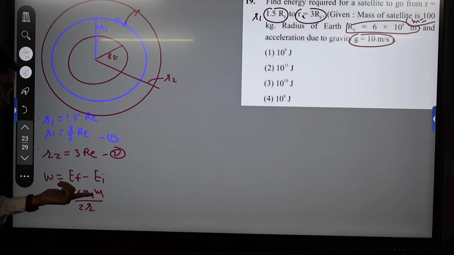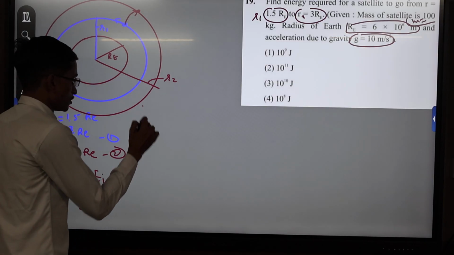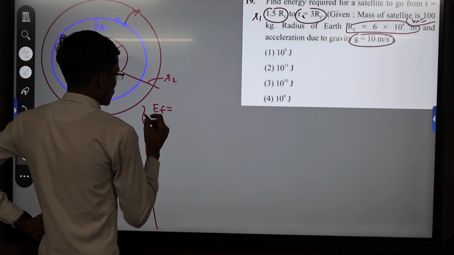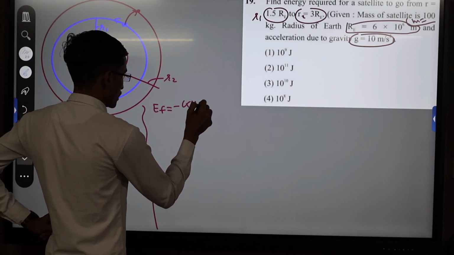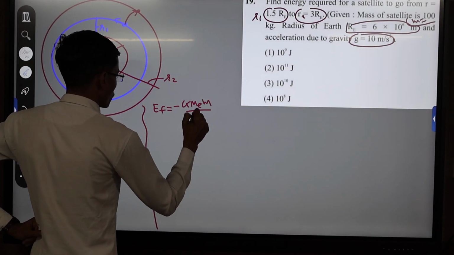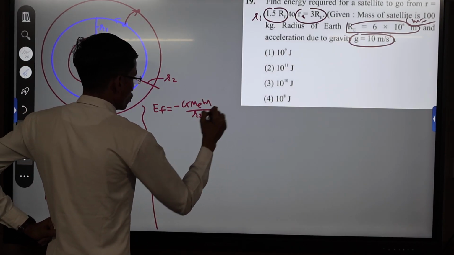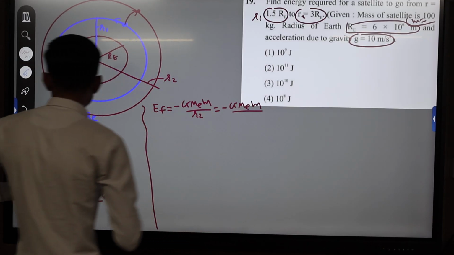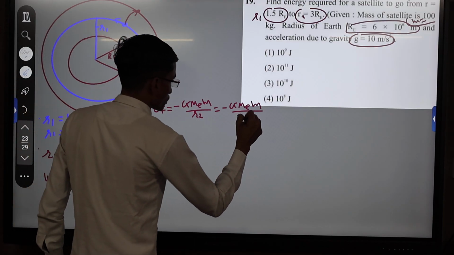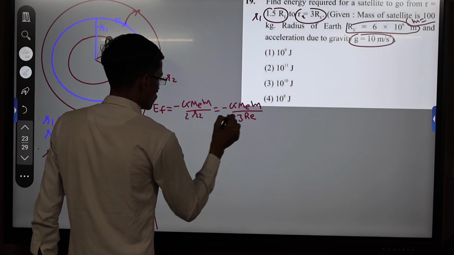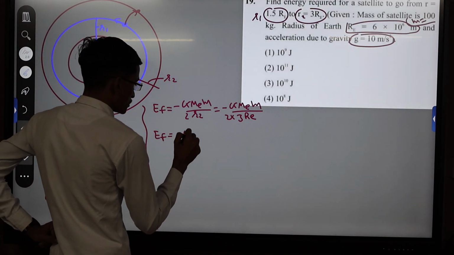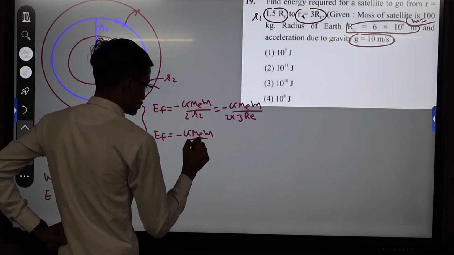From this formula we have to write E final and E initial. First of all, find E final. E final is equal to minus GMm by 2 R2, and the value of R2 is 3RE, into 2. So E final will become minus GMm upon 6RE. Let us call this equation 3.